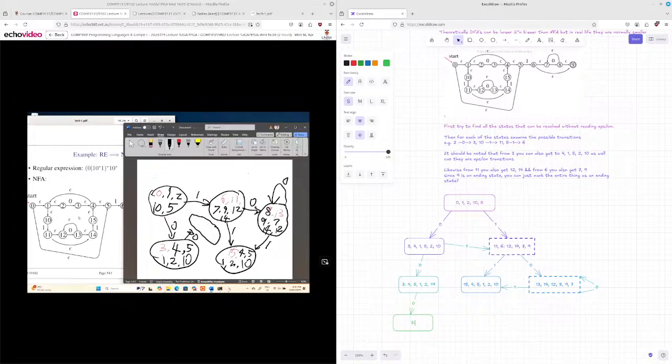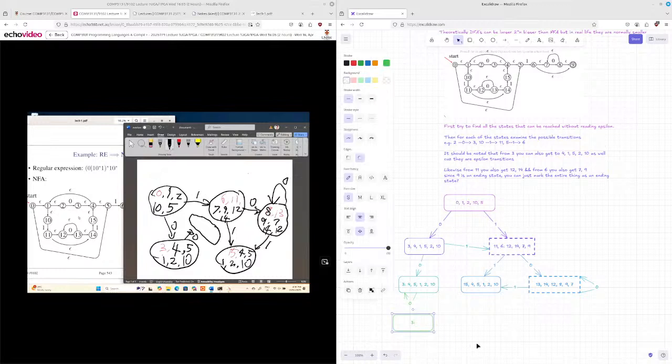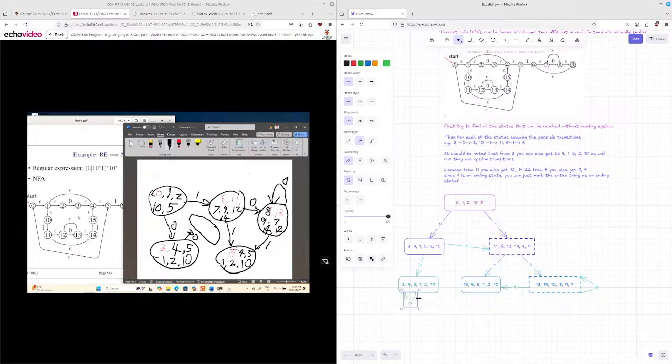And 19, what the what? 10 through 0 gets you to nowhere, so this is actually just a self-reference. I'm pretty sure. I feel like if I could make this arrow more curvy.